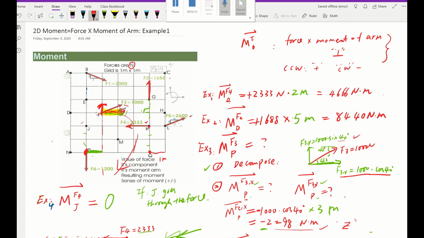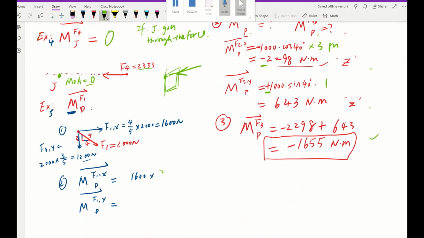This is our D. So if I were trying to decompose right here on the chart, that's the X direction, Y direction force. And for rotating the X direction, the moment arm, if we draw it, is going to be this distance, right? Because if we extend the force, this is going to be the perpendicular distance from D to the force, and that happened to be 3. So we're going to times 3.